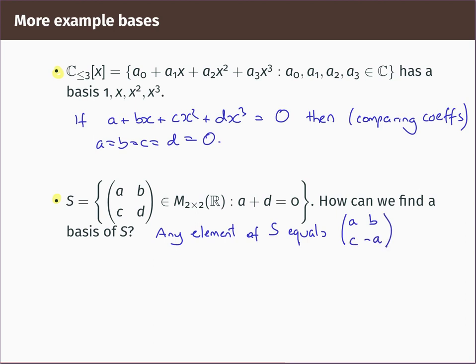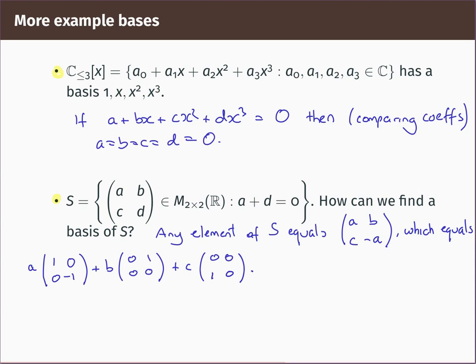That's helpful because it lets us write this arbitrary element of S as a linear combination of three things in S. So this equals A times (1, 0, 0, minus 1) plus B times (0, 1, 0, 0) plus C times (0, 0, 1, 0).